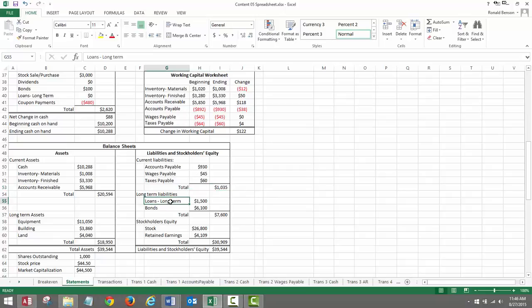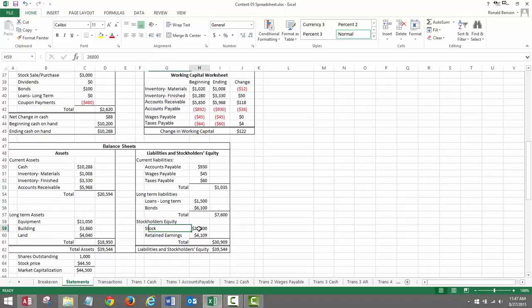We have some long-term liabilities, long-term loans, 1,500, and some bonds, which is 6,100. If you had short-term loans, they would be in current liabilities, loans that have to be paid in the current year. In this case, we do not have that. And note, stocks are not part of these. Stocks are stockholders' equity, which comes down here.